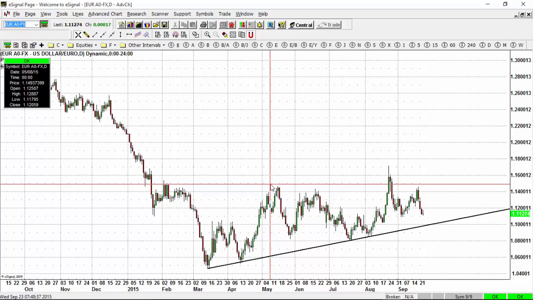But as I said before, this consolidation pattern is something that we have seen already in the markets. It happens in the markets from time to time, and you as an investor, or you as a trader, need to recognize that it's a consolidation, and not let the market frustrate you.